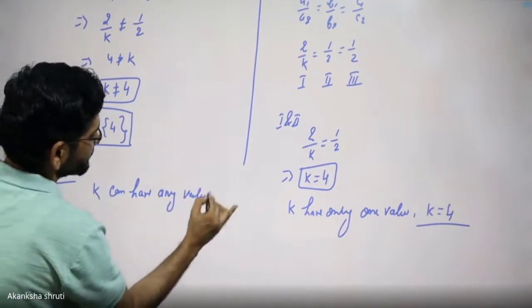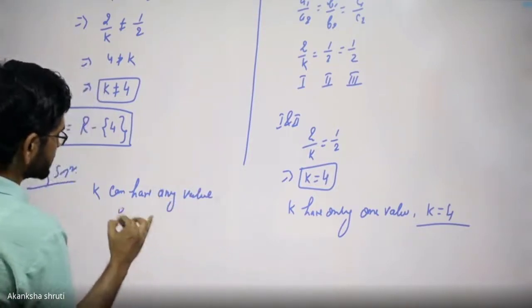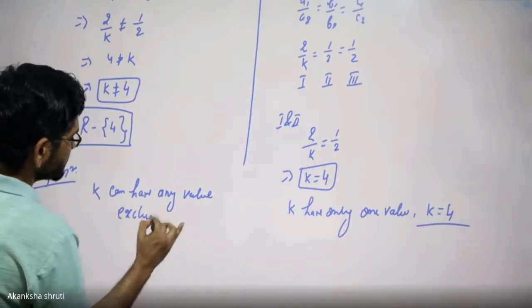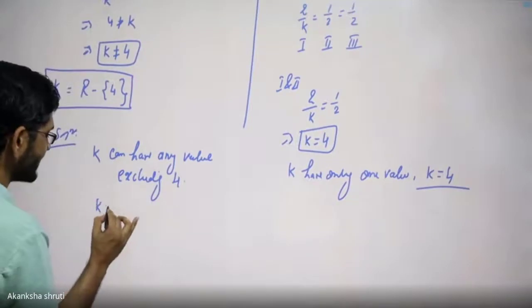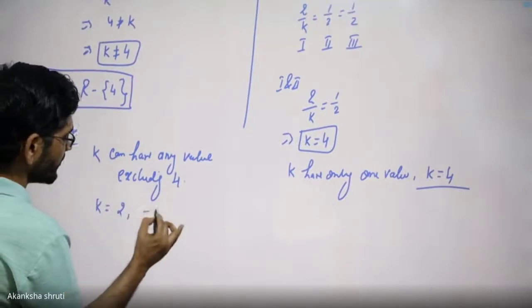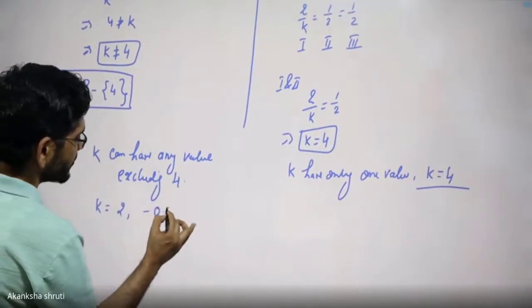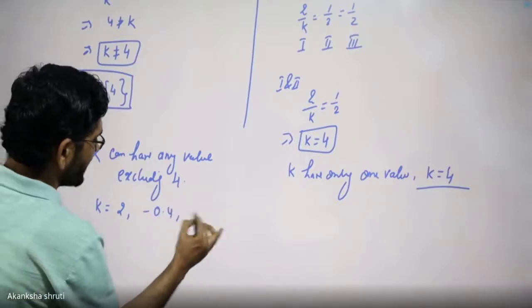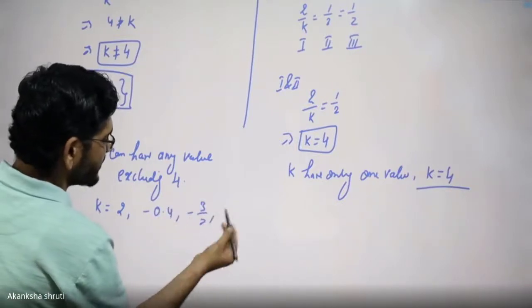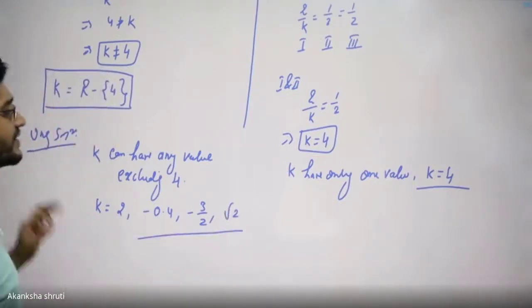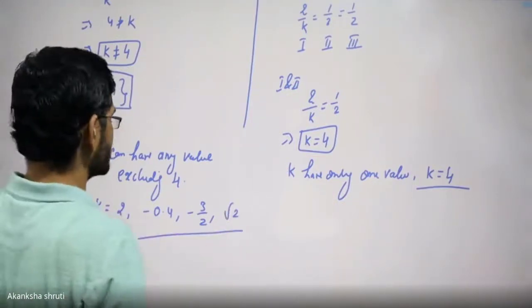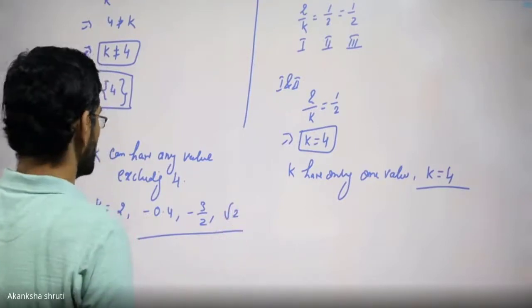Means there could be infinite values excluding that 4. Are you getting it? So k can be given in the options as 2, minus 0.4, anything, minus 3 by 2, even root 2, anything it can be. It should be only real. That is important. It should not be the square root of minus 2.